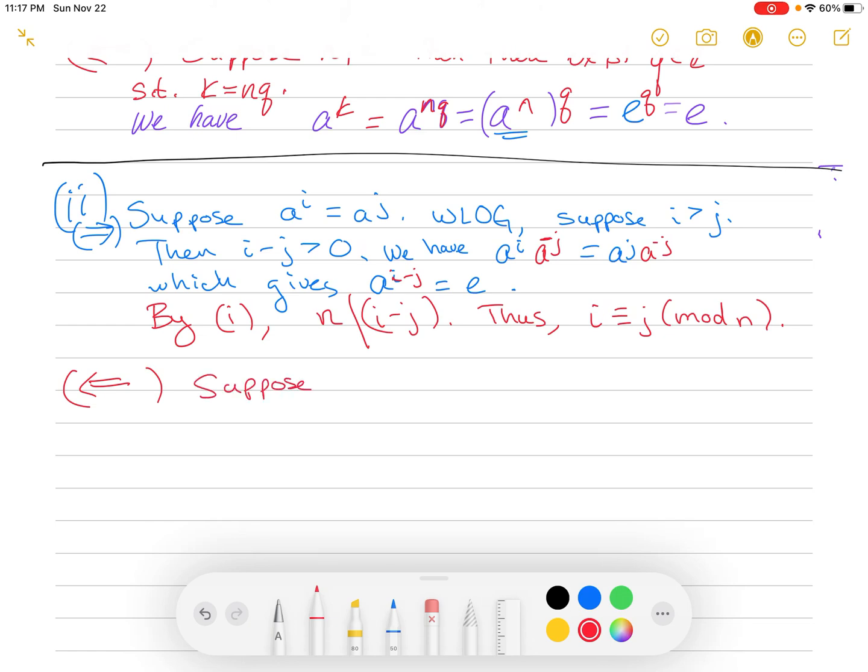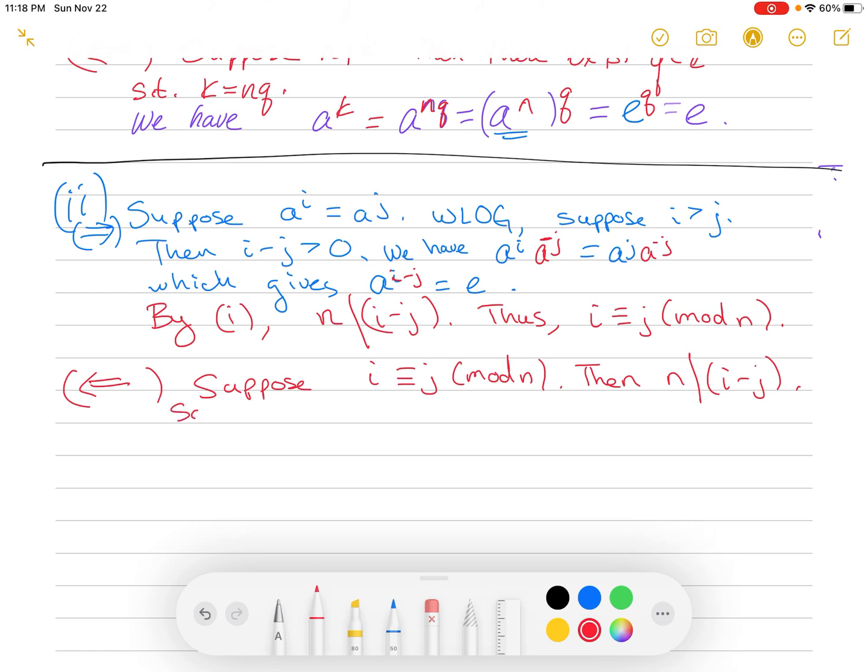So this time we're going to suppose i is congruent to j mod n. Unraveling that, that means n divides i minus j. So what does that mean?